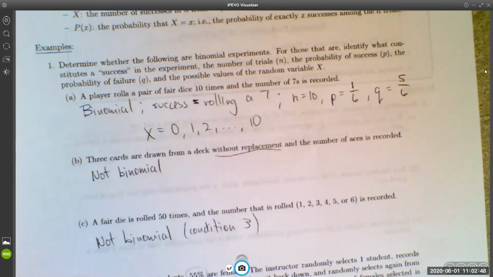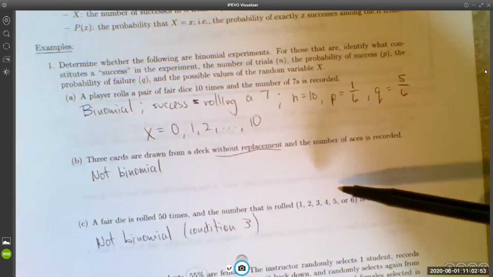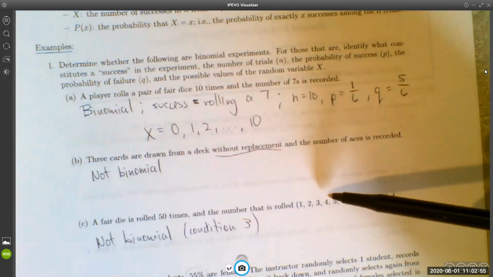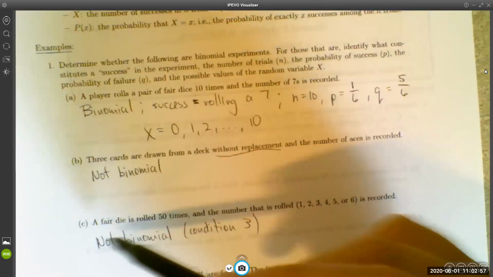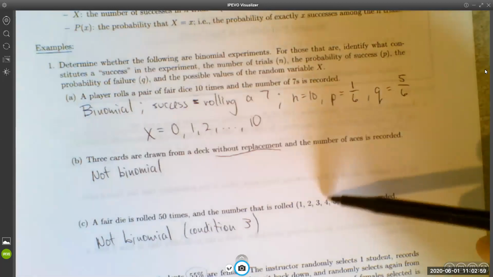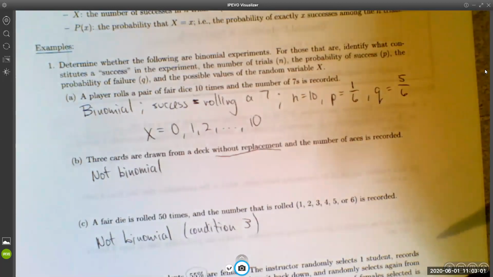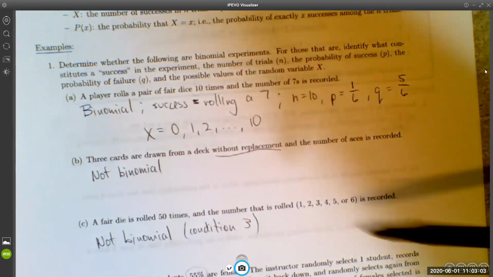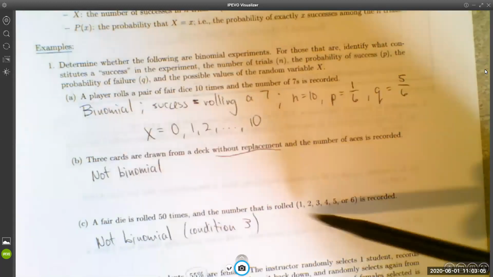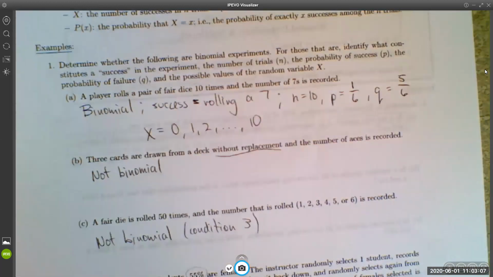You could say rolling a 4 is success. If you let x be the number of times that 4 is rolled, then suddenly this becomes a binomial variable, because either you roll a 4 or you don't. But the way that it's written is not binomial. If you're just recording the number that's rolled, that's not binomial. But if you define some kind of success, then it is a binomial experiment.